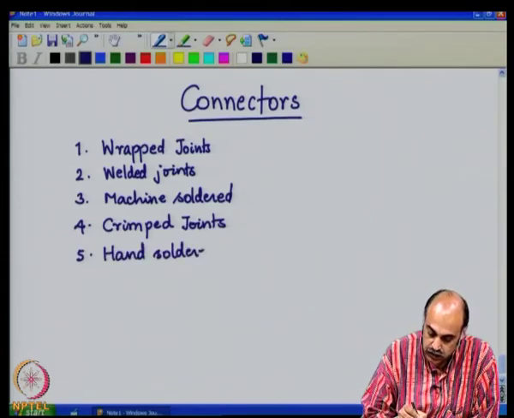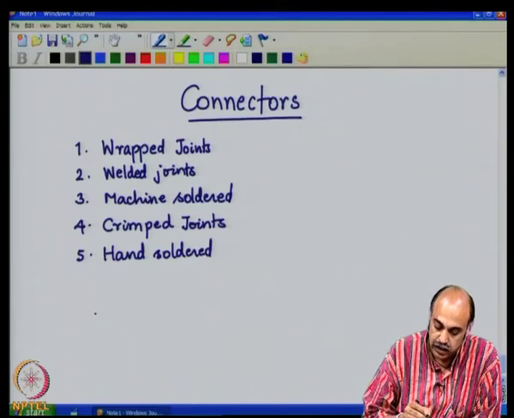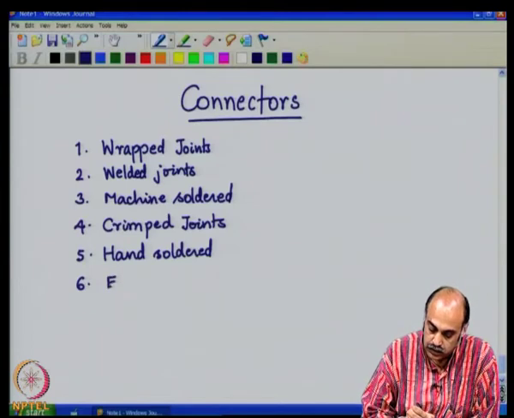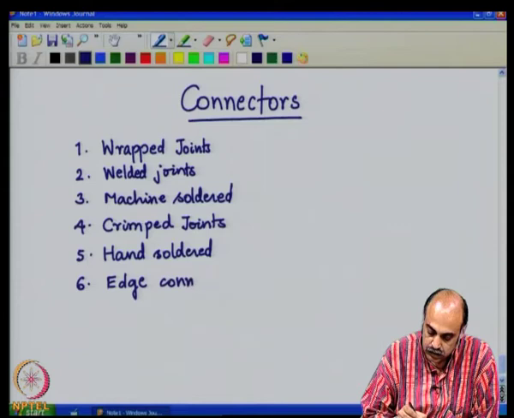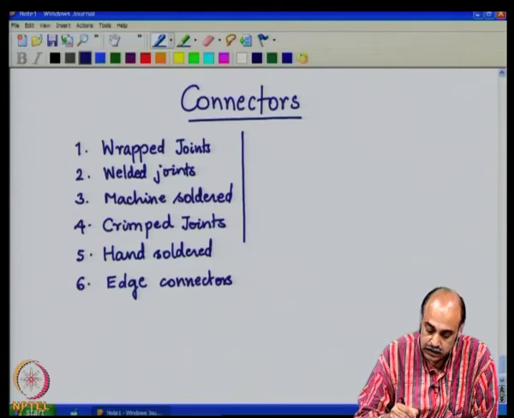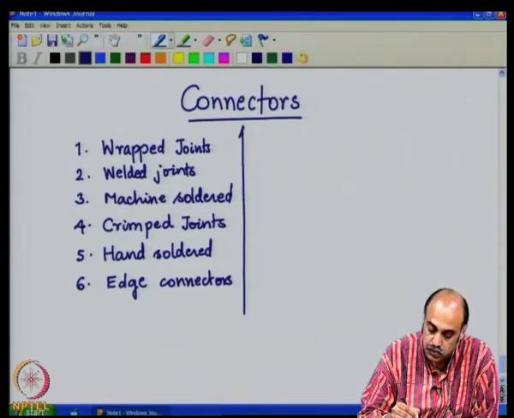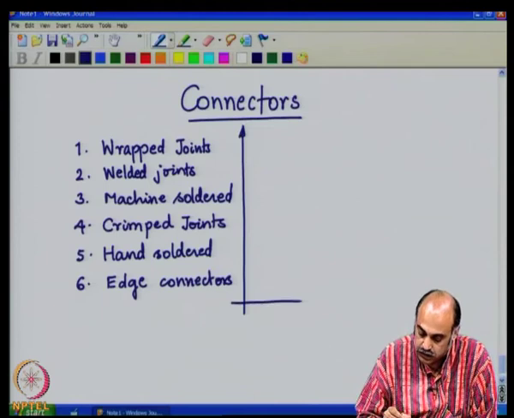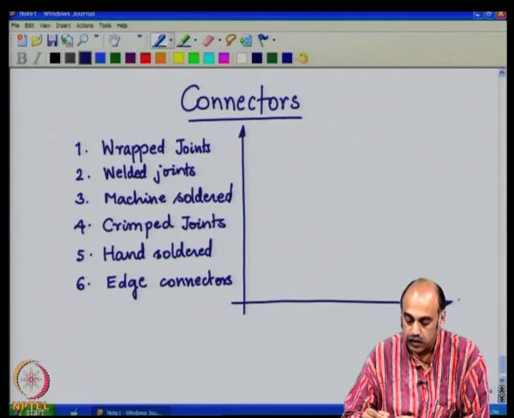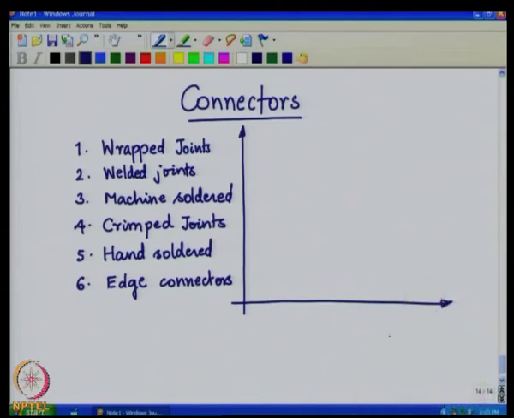By hand soldered, I mean hand soldered by a professional, and then you have the multi-pin edge connectors. So, you have various types of these connectors which are used for interfacing the circuits on one printed wiring board to the external world.